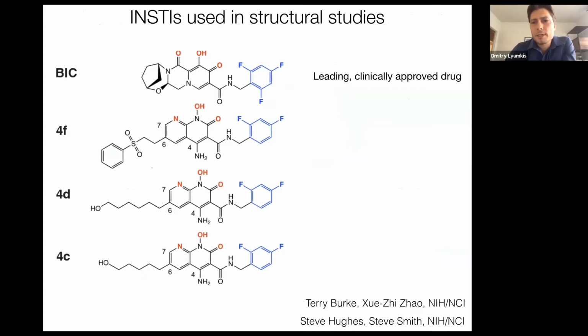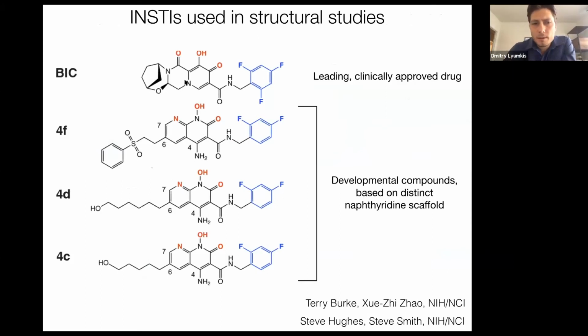Bictegravir is the leading clinically approved drug to treat HIV-infected individuals. This really is arguably one of the best drugs in the clinic. It has a very high barrier to resistance. It's well tolerated.